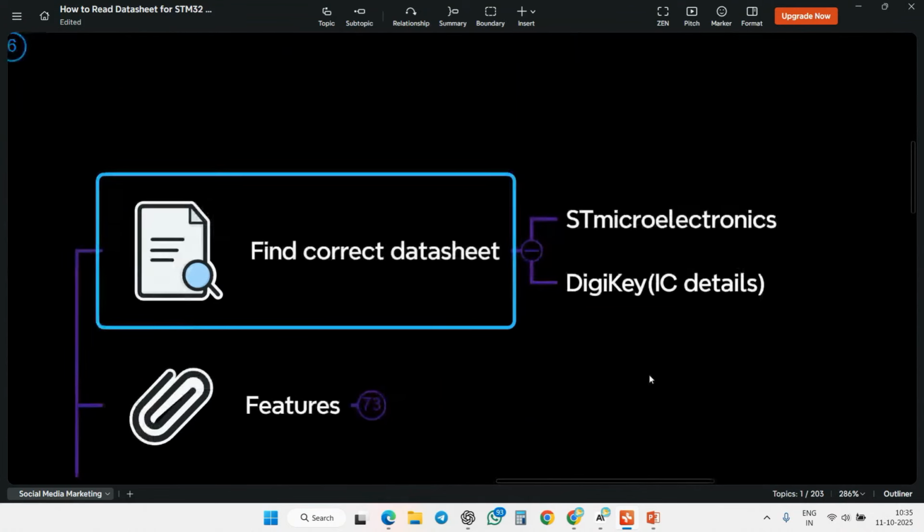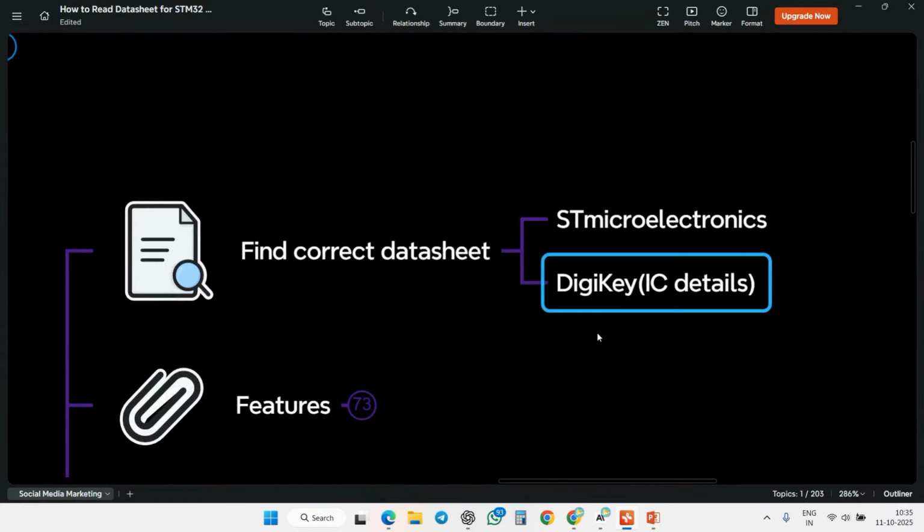You can get the data sheet from DigiKey. It provides all the components, with the specific data sheet for all the peripherals. And you can also get the data sheet from the specific manufacturer. This STM32 microcontroller was manufactured by ST Microelectronics, so through that website I can get the data sheet.